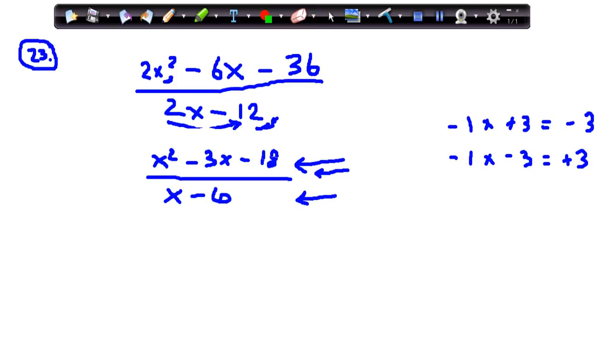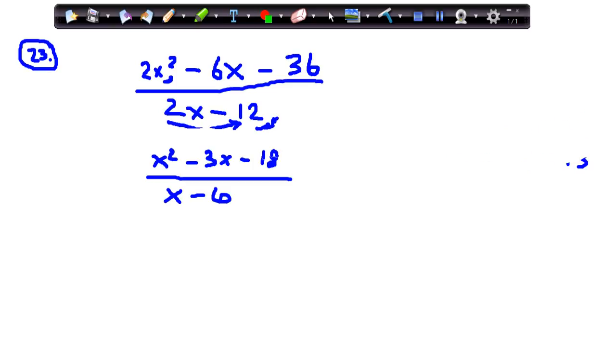Let's get the eraser, and I might need the space over here as well. Let's grab a pen. To factor, we're going to put our brackets.